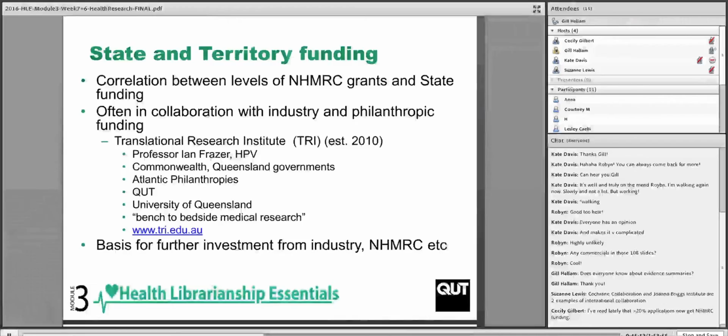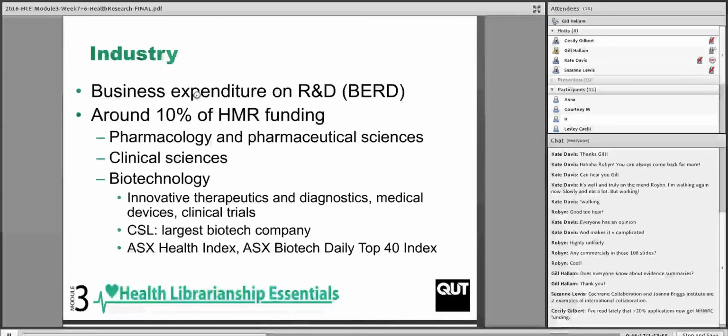There's funding coming in from both Commonwealth and Queensland governments. A major philanthropy area, Atlantic Philanthropies, are a major investor, but then also universities like QUT and University of Queensland. So all of those agencies working together, very much looking at that original goal of getting bench to bedside medical research happening. So you can investigate that in more detail if you like.